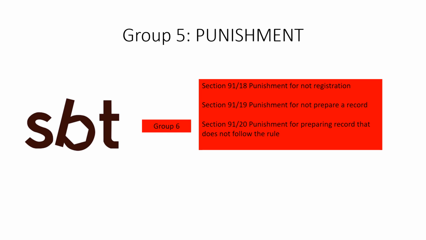And also similar to VAT or other types of taxation, tax law is a public law. This means if you do not comply with the law, you can get a punishment. In Chapter 6, there are 3 main provisions regarding punishment, including punishment for not registering within 30 days, punishment for not preparing a record that I told you about before, and punishment for preparing a record that does not follow the law.